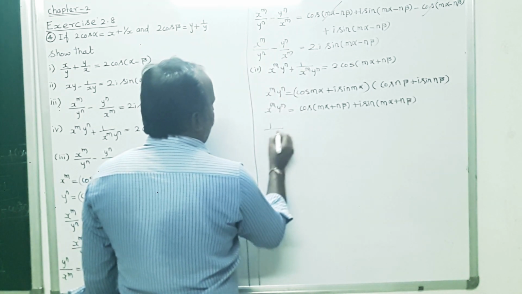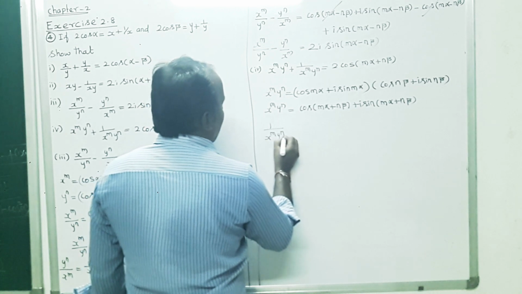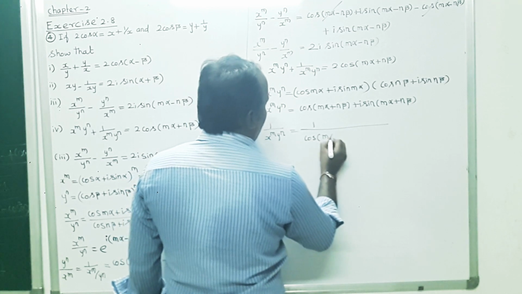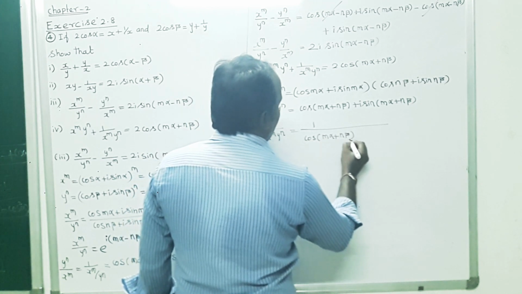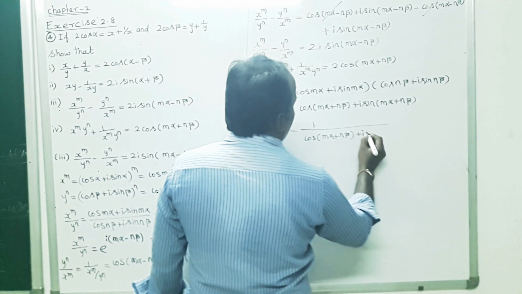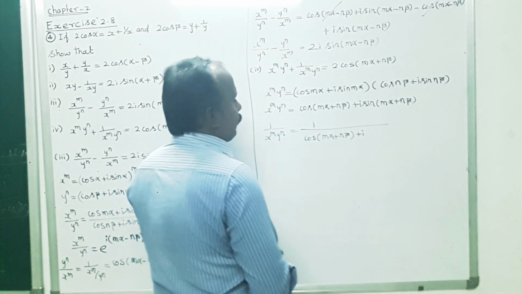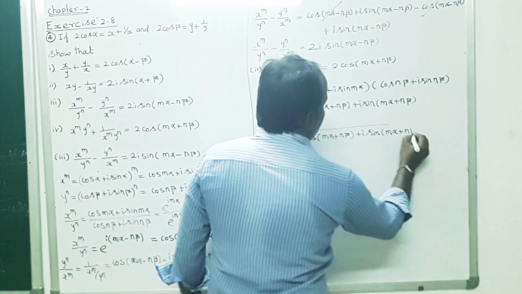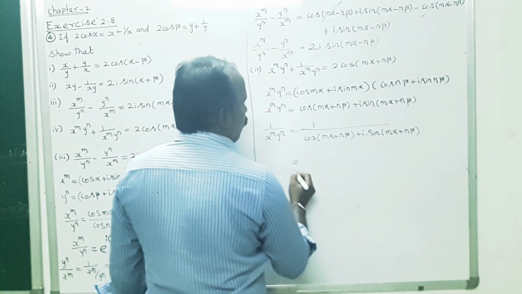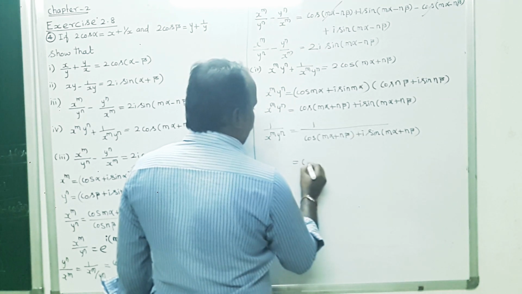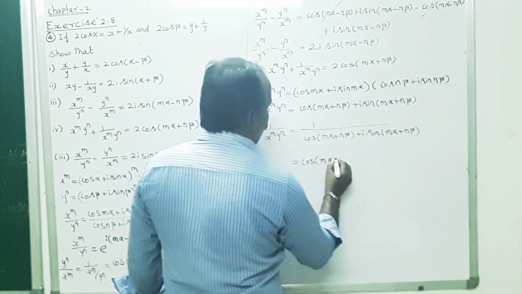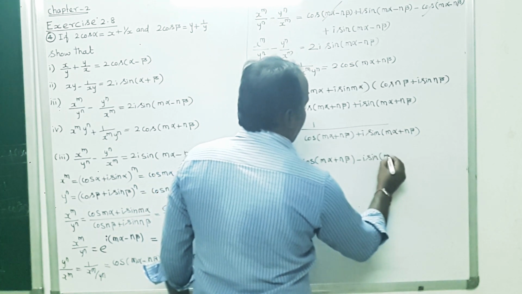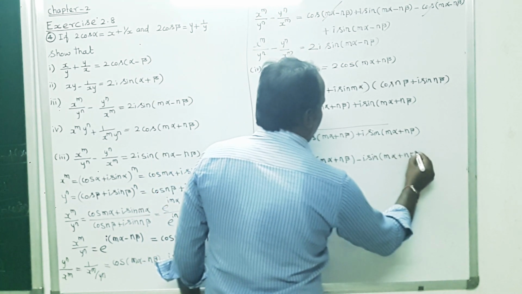Next one, to find out, x power m y power n reciprocal is equal to 1 divided by cos of m alpha plus n beta plus i sin of m alpha plus n beta, that is equal to, this one is going to the numerator, so cos of m alpha plus n beta minus i sin of m alpha plus n beta.